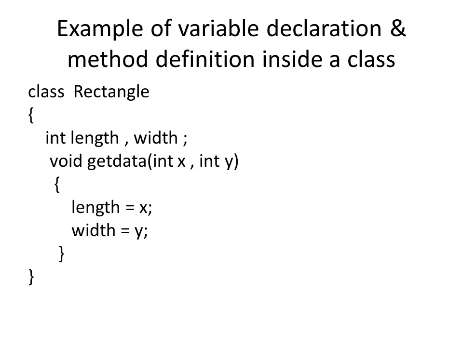So getData is the name of the method, and x and y are the formal parameters or the local variables, which you can see. So this was about the declaration of variables and method definition in a class.